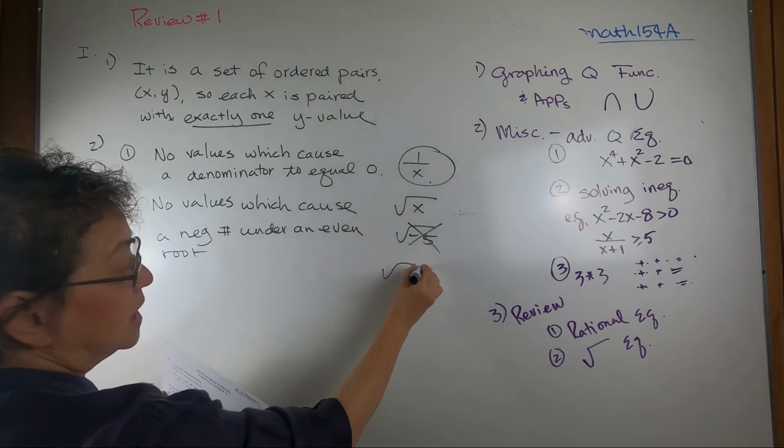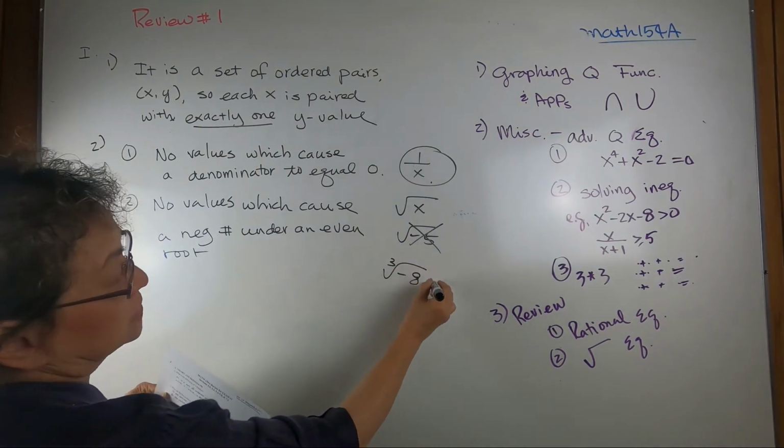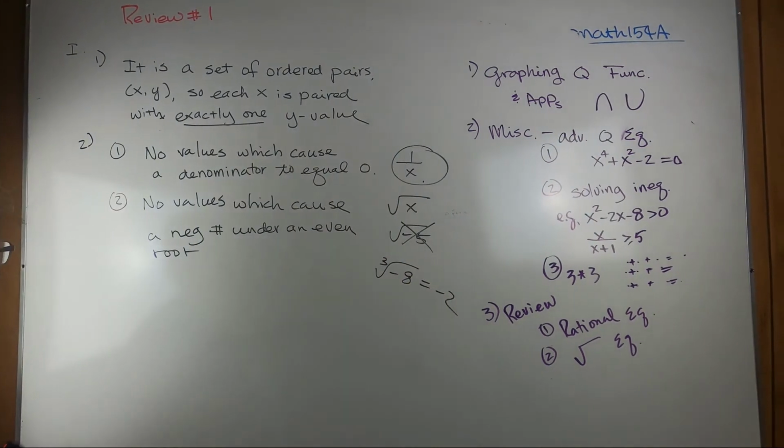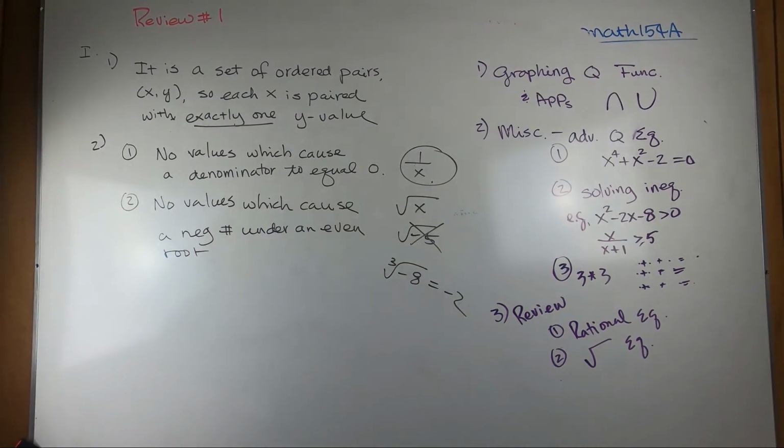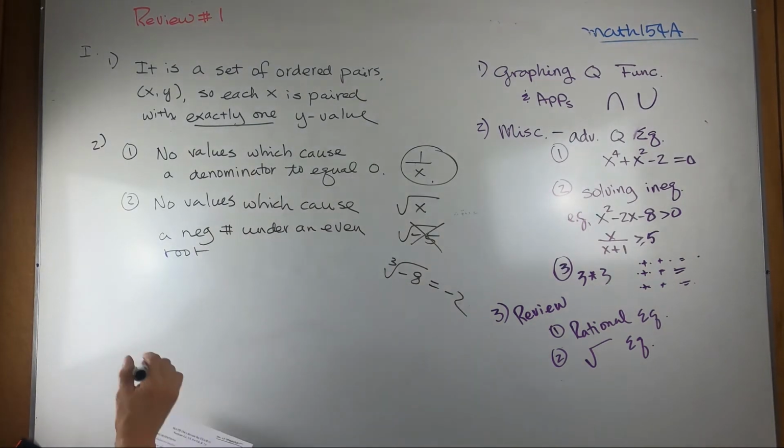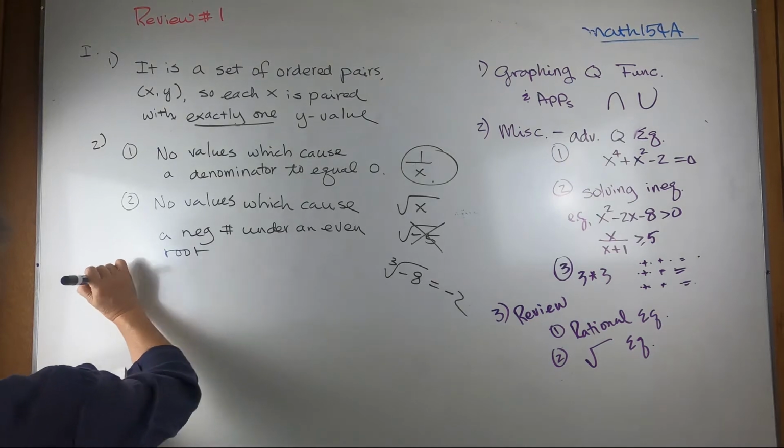For an odd root, like this one, you can do that, right? So we review the restrictions for the radicals, which later on we are going to use for functions.